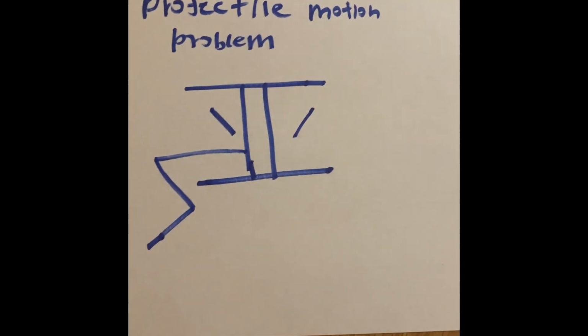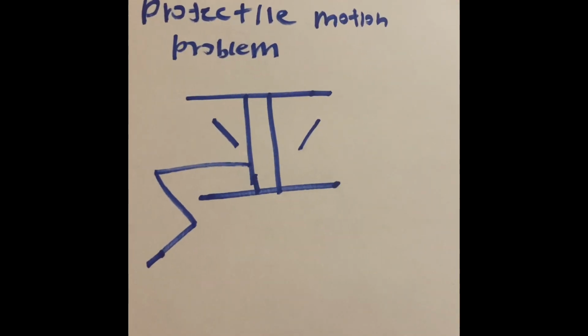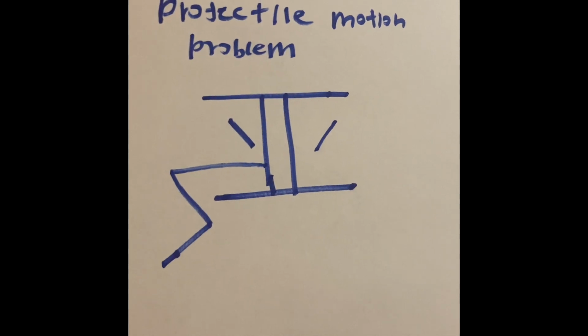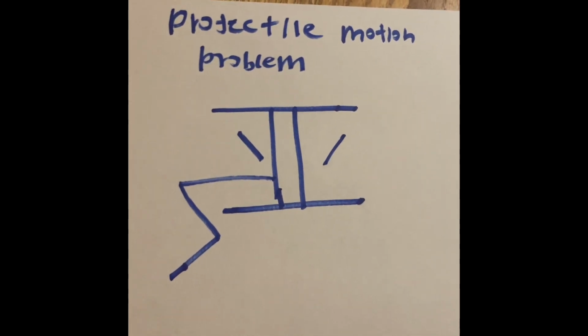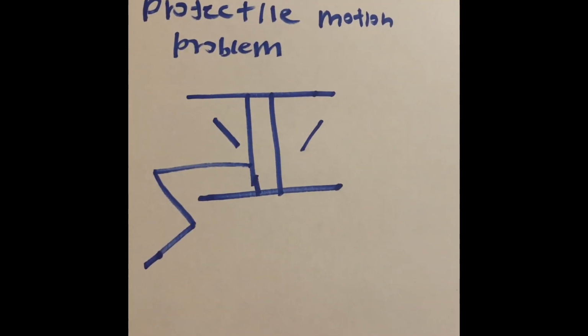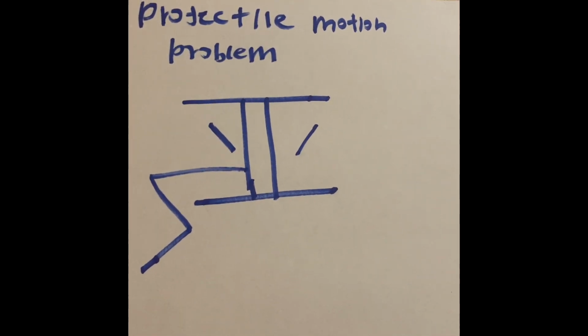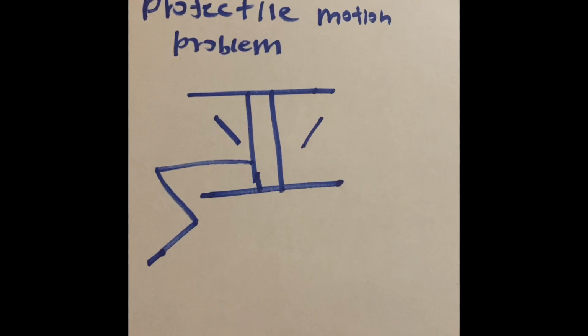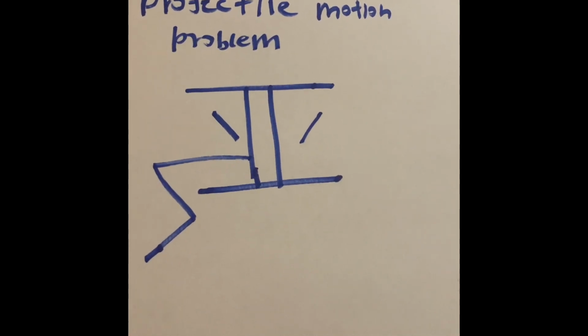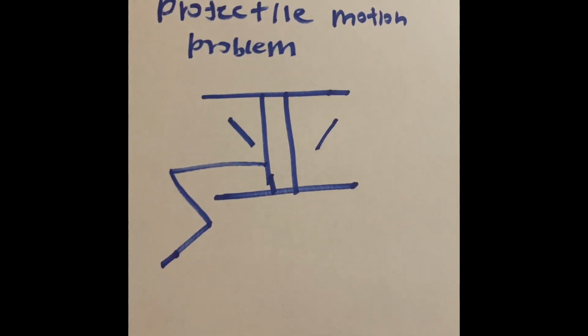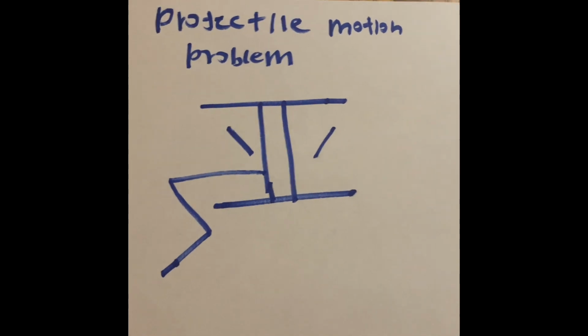You roll a marble down the table, but then it falls off the table and lands in a cup 0.51 meters away. And the marble is going off the table at a velocity of 1.2 meters per second. So we can say that's not a straight line. We're trying to find how tall the table was from the ground.